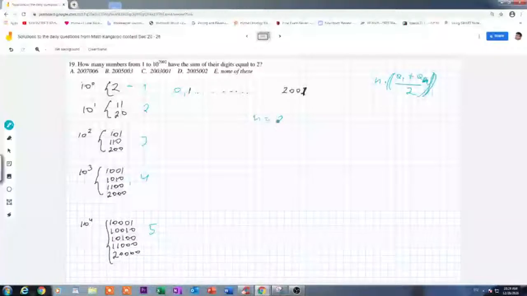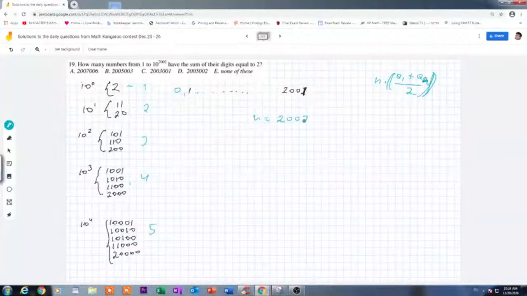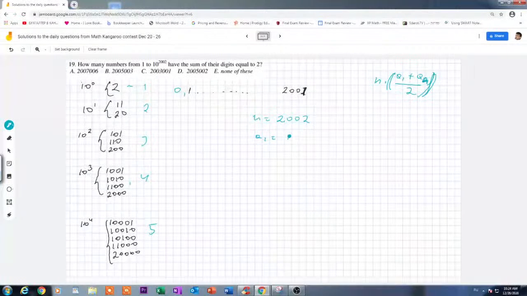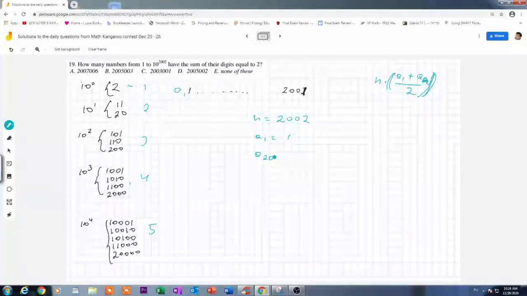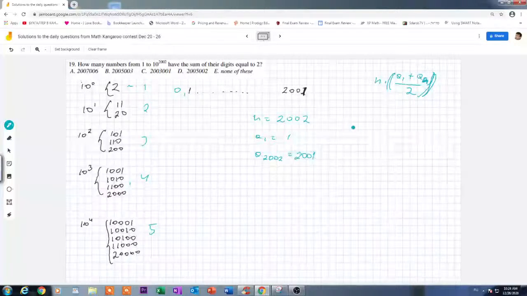N equals 2002. Our a1 equals 1. And our a2002 equals 2001.